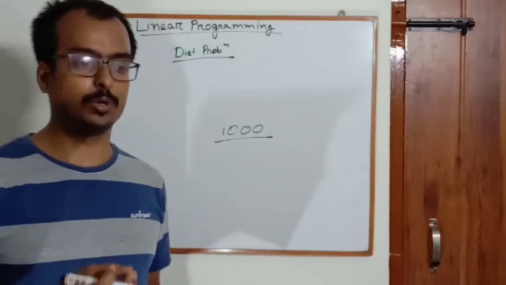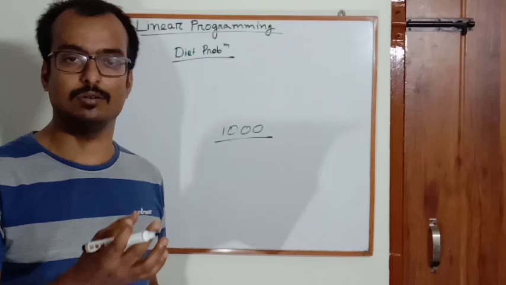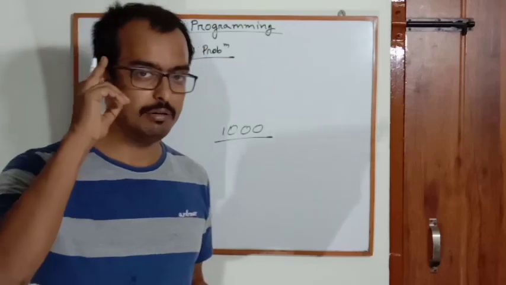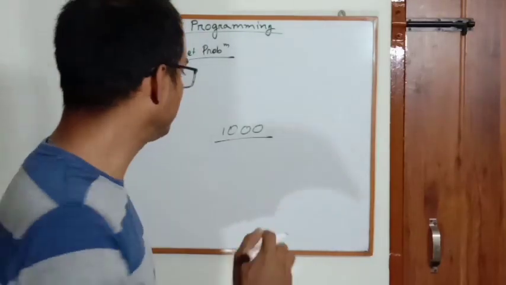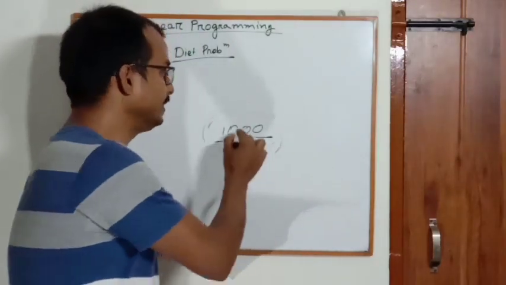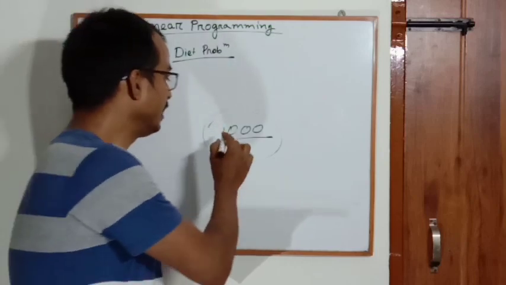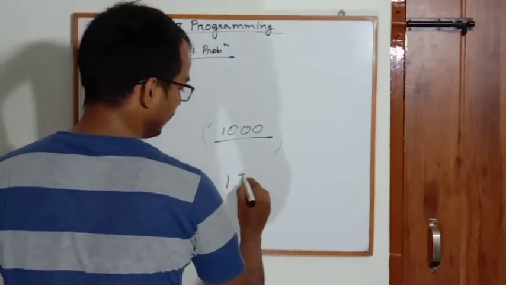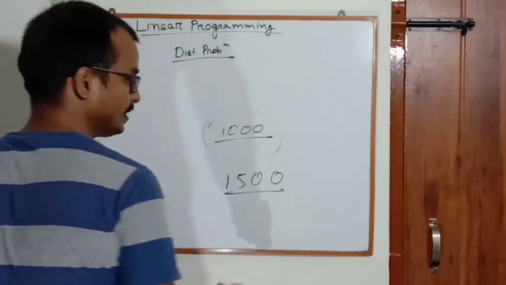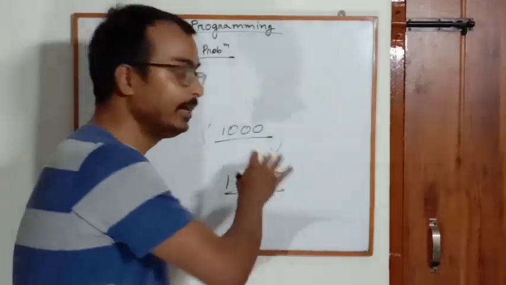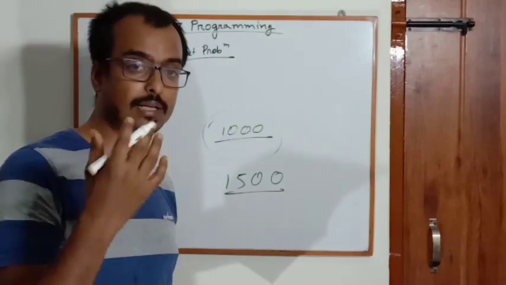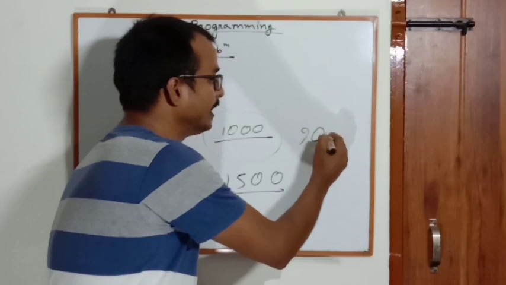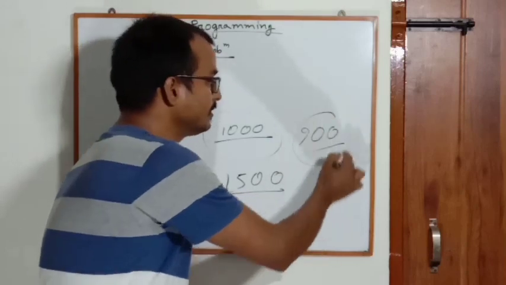Whether you are going to give roti dal or roti chicken or rice dal or rice chicken will be guided by this constraint. Whatever you give must have this much, 1000. It may have 1500 calories, no problem. That food may have 2000 calories, no problem. But that food cannot contain only 900 calories. This is restricted.